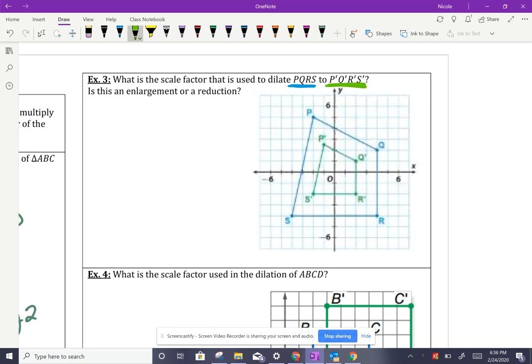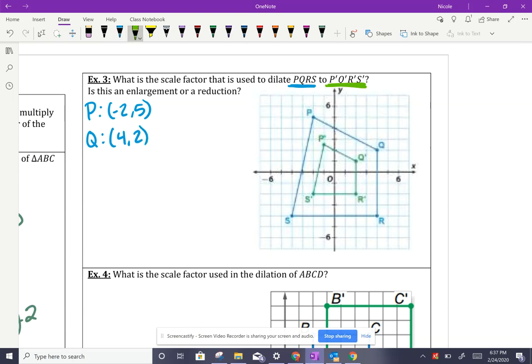Visually, yes, we can tell, but you need to know how to tell just by points. So I'm just going to look and compare some of the points. I have P, which is at negative 2, 5, and Q, which is at 4, 2.